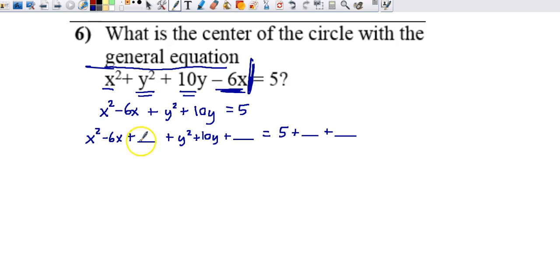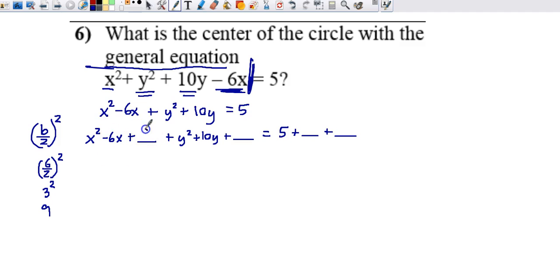The formula to get this number again is the b over 2 squared. That's just the positive value, 6 over 2. And then this would be 10 over 2, and we would square both those numbers. So in this case, it would be 6 over 2 squared. That's 3 squared. That's 9.